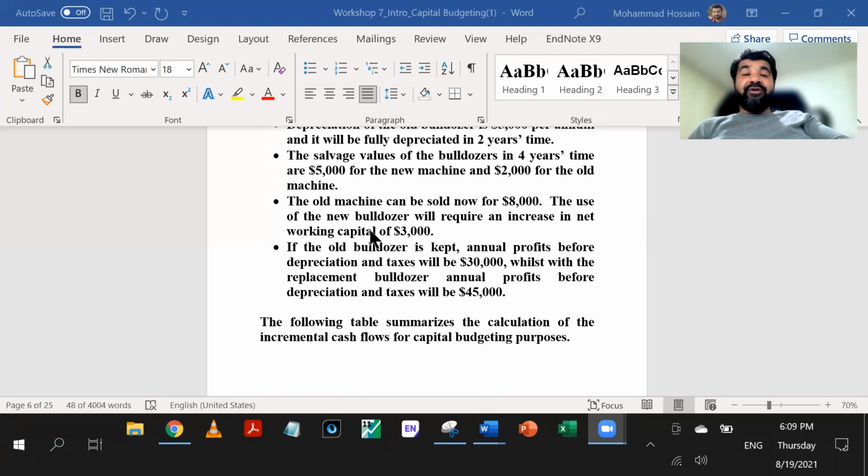The use of the new bulldozer will require an increase in net working capital of 3,000. If the old bulldozer is kept, annual profit before depreciation and taxes will be 30,000, while with the replacement bulldozer, annual profit before depreciation and taxes will be 45,000.